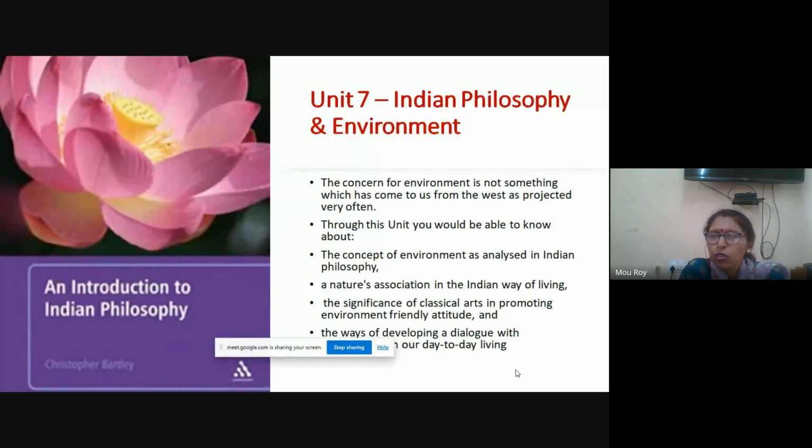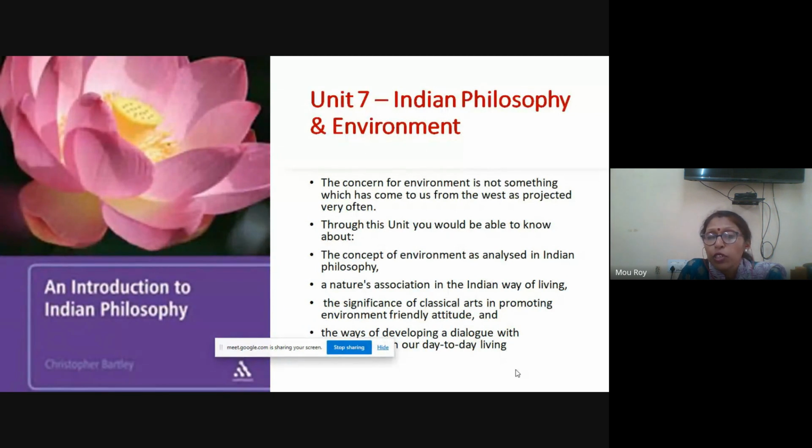No, we all stay with nature. So we need to learn, we need to care about it. It's happening within us only, from the ecosystem. It is not like it has come from the West. Within each ecosystem, there is an ecosystem, and again within that ecosystem, there is an ecosystem.